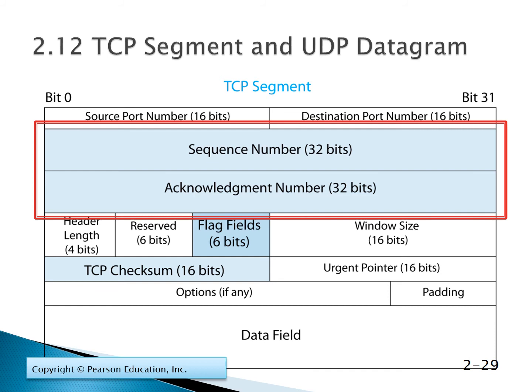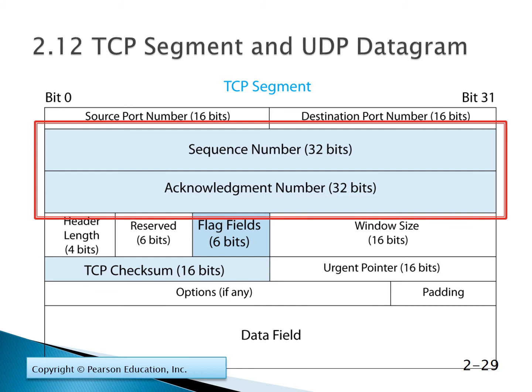So when we do streaming, or some other applications, we may use UDP. But for the more traditional internet applications like the web and email, we use TCP. We will talk more about the differences between the two later. But looking at this diagram, we first look at how a TCP segment looks.